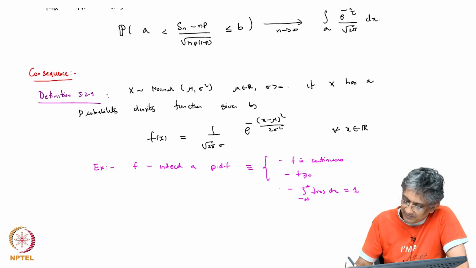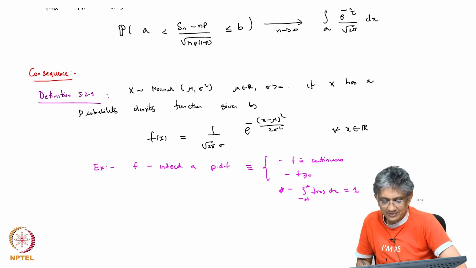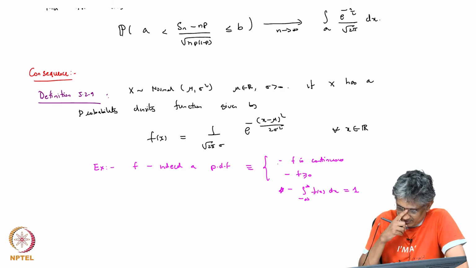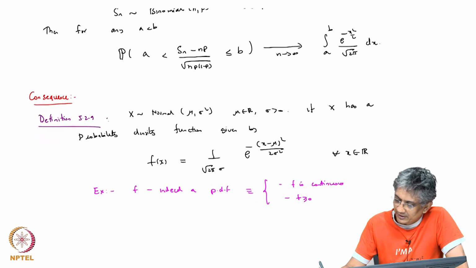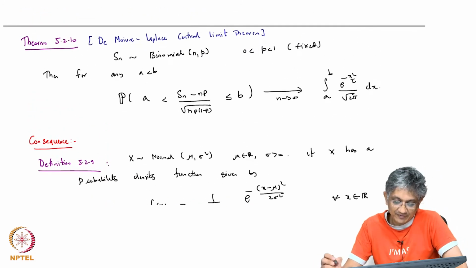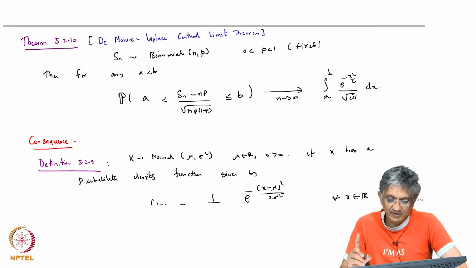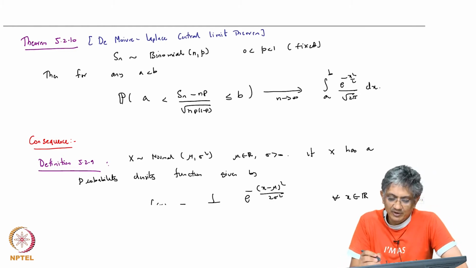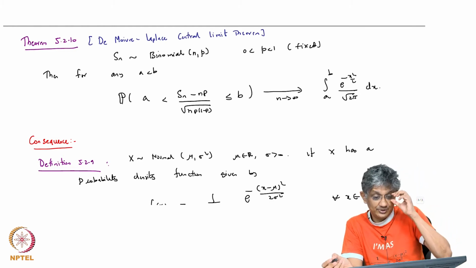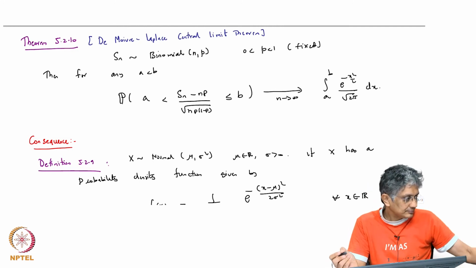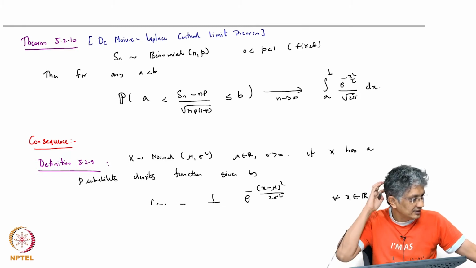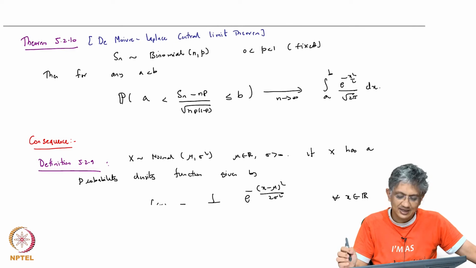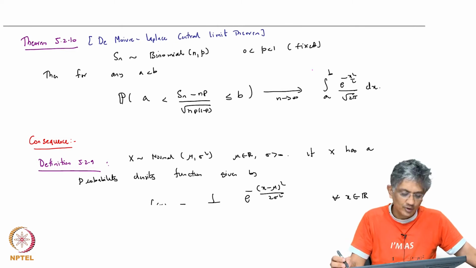This is the hardest part, but the other two are standard. These are all facts that are true. So what we have shown is that the binomial, as n gets larger and larger with p fixed, when standardized will converge to the normal distribution. That's the theorem that I would like to give you a sketch of the proof of today, and then we'll come back and discuss sometime later how to work with the normal distribution.